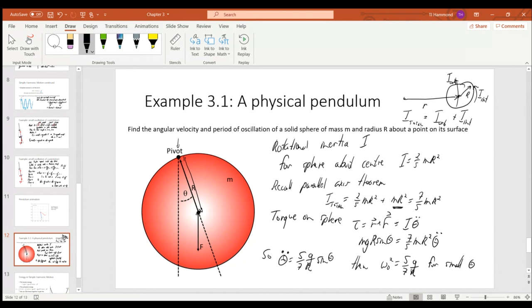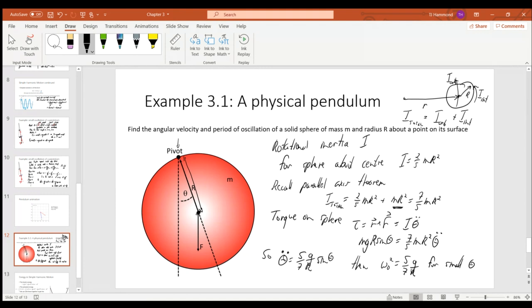Now, if you remember from what we were talking about on Friday or from intermediate mechanics, torque in general is r cross F, with r being this radius, and the cross product with this force. But it's also the moment of inertia times the angular acceleration, theta double dot.